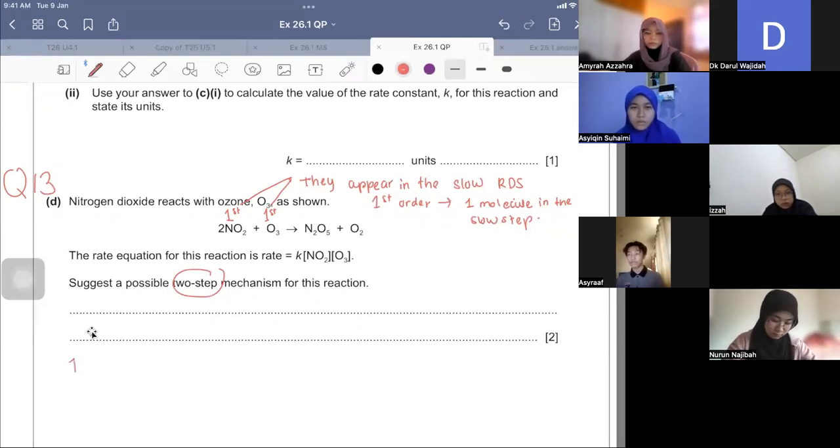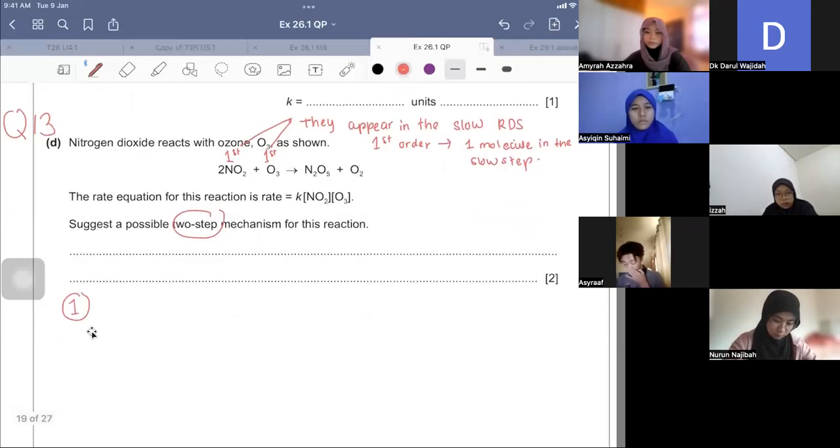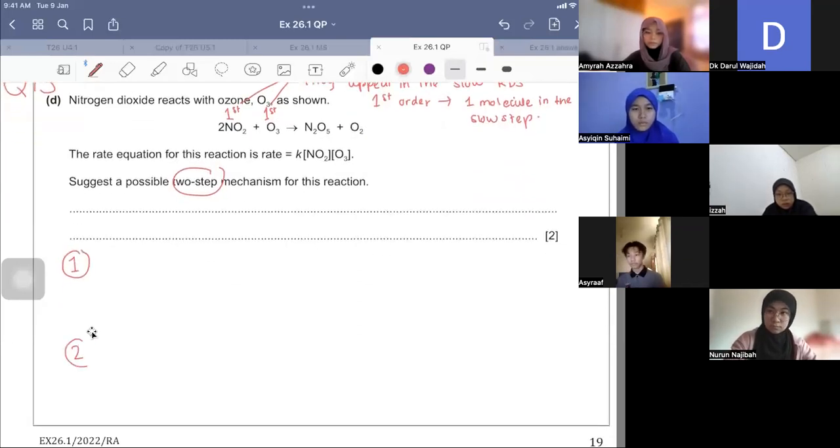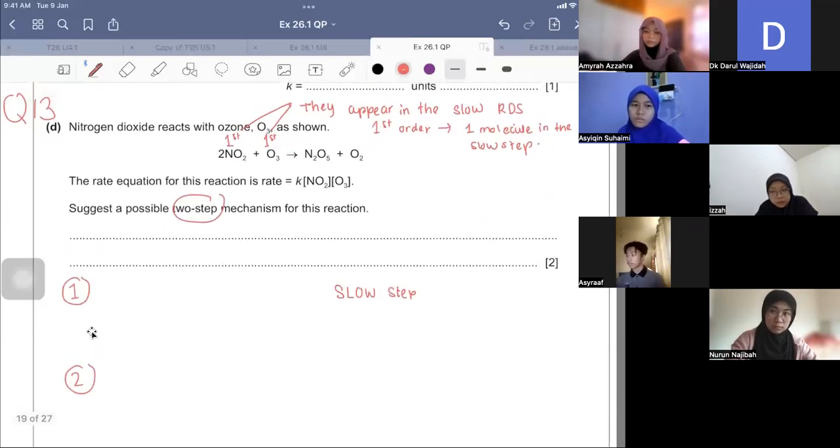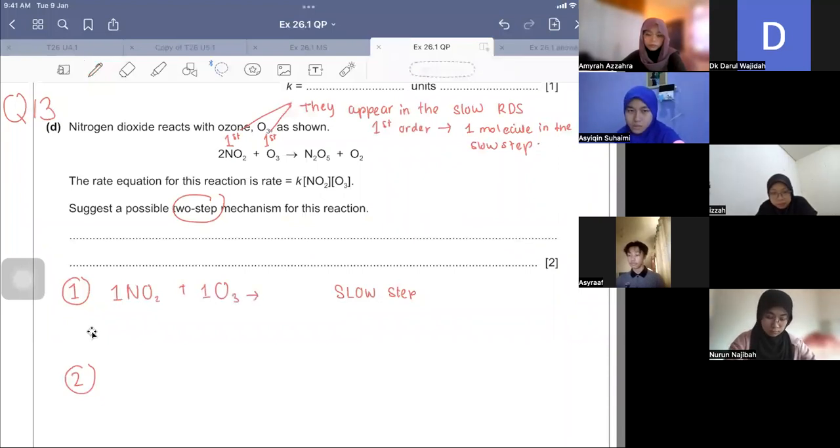Okay, and the question also said that there are 2 steps in the mechanism. Okay, so it doesn't matter if you put, I think it's easiest to put the first step as the slow step. Okay, and we know that in the slow step, we have 1 molecule of NO2 plus 1 molecule of O3. Okay, so that's what we got so far.